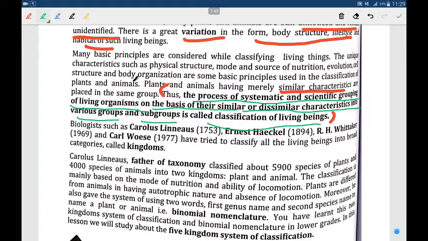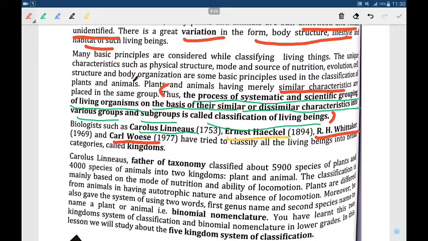Do you know who gave the idea about classification? There are many scientists, but basically we'll remember some scientists: Carolus Linnaeus, Ernest Haeckel, R.H. Whittaker, and Carl Woese.